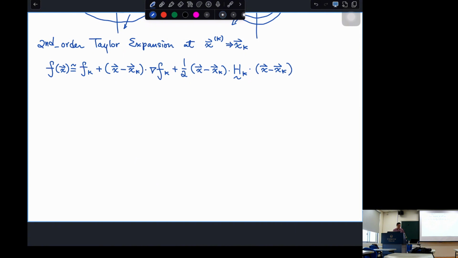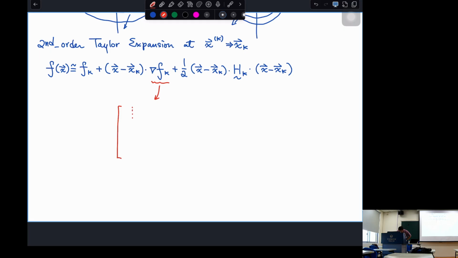From here you can already see I'm trying to make the notation simpler, so you don't need to write a very long version. Gradient fk means you evaluate the gradient vector and then plug in xk. Hessian k is a Hessian matrix with all the second order derivatives, and then you plug in xk.